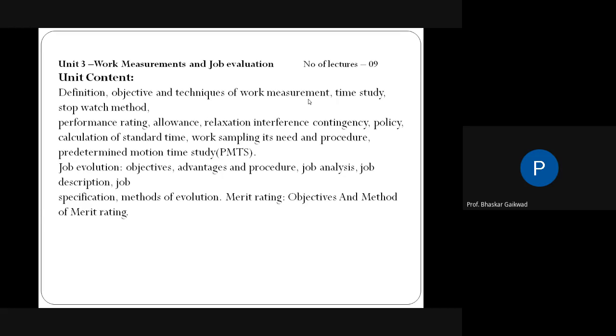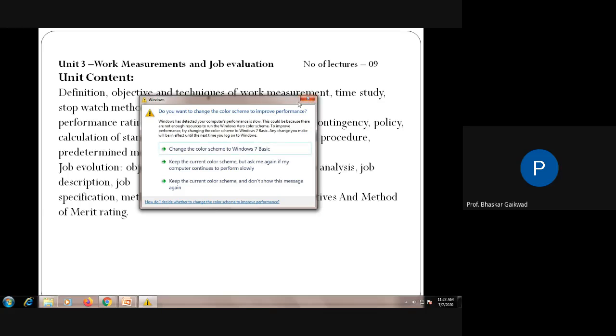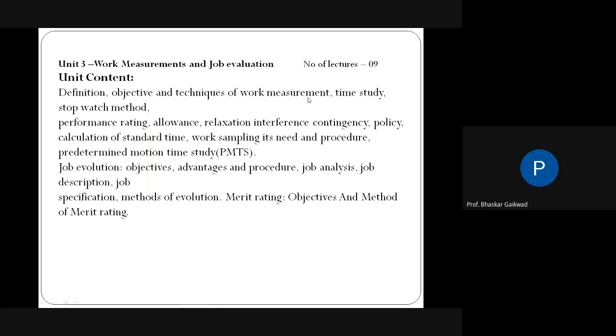For example, one job is there, a gear blank. For drilling, how much time? For turning, how much time? So you have to decide the job analysis of the given job, and it is useful for calculating the worth required for the job. So this concept we are going to see under job evaluation.